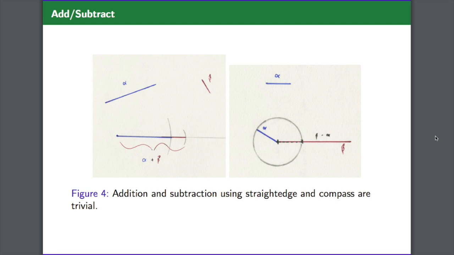It's way easier just doing it with the compass than doing that whole lengthy transfer distance construction. So we transfer alpha to be adjoined to beta, and that's how we add. To subtract, all we have to do is adjoin alpha to beta, and then draw the circle with center at the endpoint of beta and radius alpha. And what that basically does is it cuts off alpha from beta. So the segment we have left on the outside of the circle is beta minus alpha.